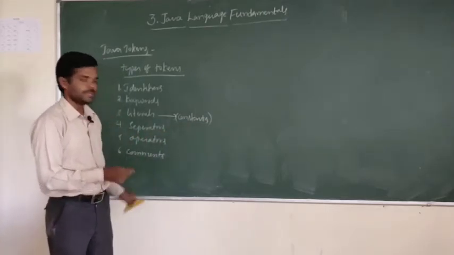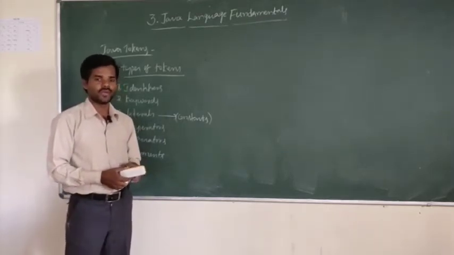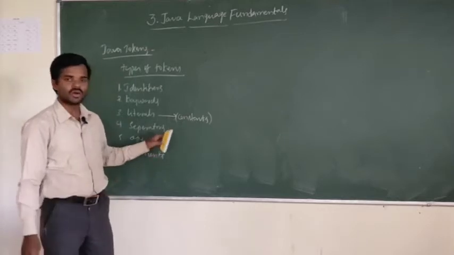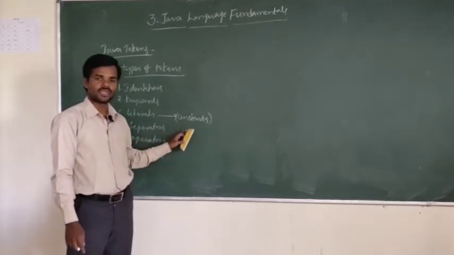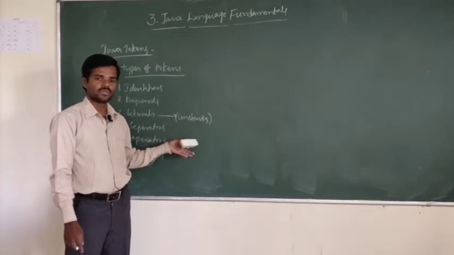For example, if I type A, you will get A only. If you type 5, you will get 5 only. So those are constants. Constants are fixed values that cannot be changed during the execution of the program. Whatever you give, the same thing you will get.